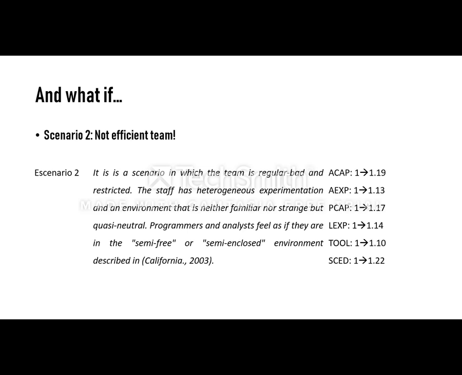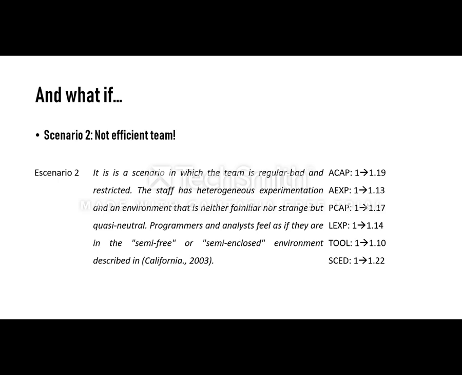Now, let's think about another scenario in which, instead of having an effective team, we have an ineffective team. In this scenario, there is a worse capability of the analyst. They have poor experience using the development platform. The programmers are not better than in the nominal state.